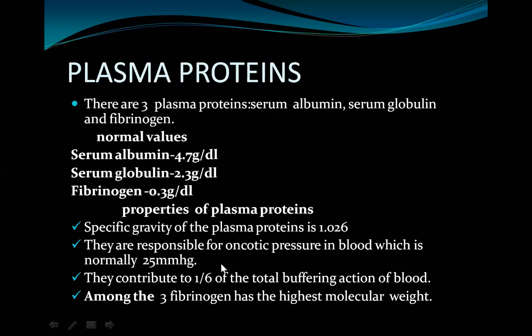The plasma proteins also contribute one sixth of the total buffering action of blood, and again albumin plays a major role. Among the three plasma proteins, fibrinogen has the highest molecular weight.